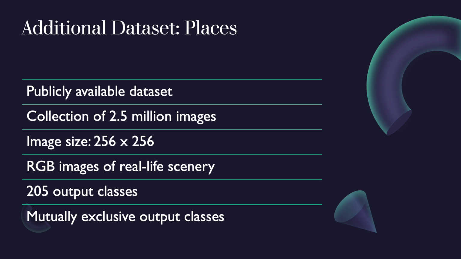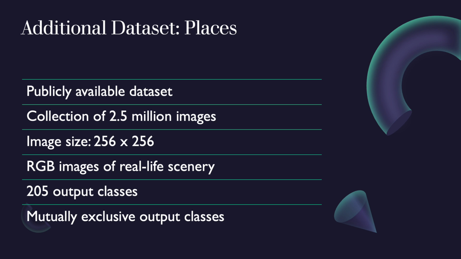Additionally, we have explored the Places dataset. It is a large-scale dataset of scene images. Places provides an excellent opportunity to see how convolutional neural networks perform on more complex image types. It serves as an example of datasets beyond MNIST and the Cypher-10.